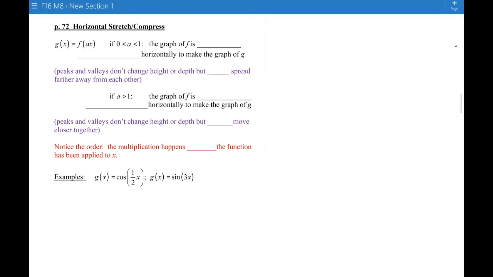So then we have horizontal stretching and compressing. And again, this is somewhat counterintuitive. If a is between 0 and 1, and you multiply by a before you apply the function, this seems very counterintuitive, but the graph of f is stretched horizontally to make the graph of g.